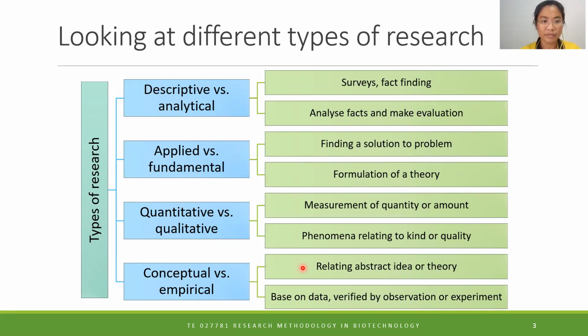Applied or fundamental, that is just a concept. It would depend on how you write down your proposal as well. Qualitative, quantitative, that's straightforward. And of course, conceptual, empirical, it will tell you what sort of thing you need to do in preparing your research, in designing your research. Okay.